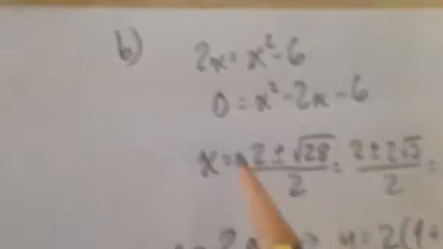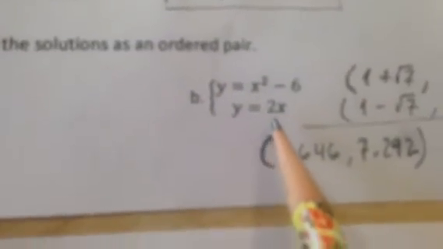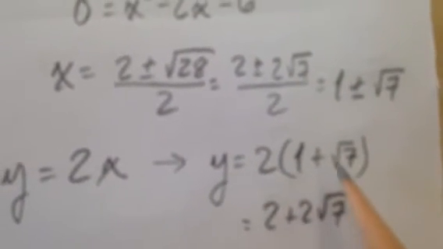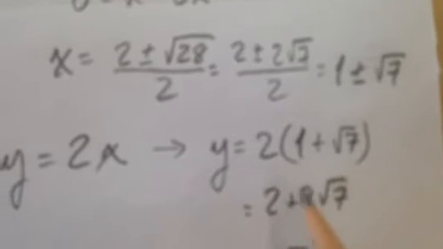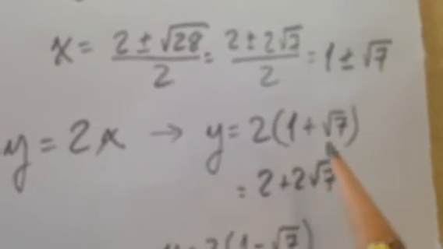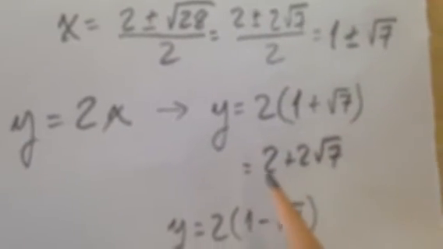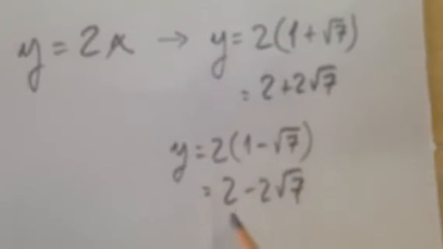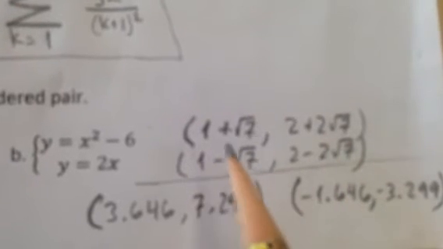Well, one of the equations is y equals 2x, right? So y equals 2x means y equals 2 times 1 plus or minus the square root of 7. So that's pretty easy. If x is 1 plus root 7, then y is 2 plus 2 root 7. And if x is 1 minus root 7, then y is just 2 minus 2 root 7. So this is our set of ordered pairs in exact form.